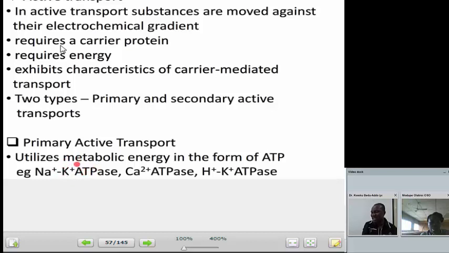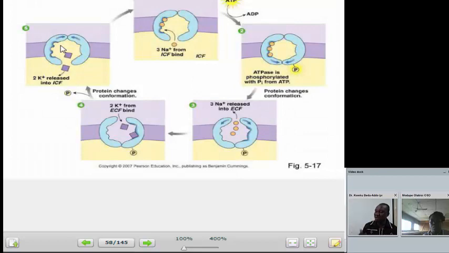These are enzymes, transmembrane proteins, and they are enzymes. We saw that one of the functions of the proteins in the lipid bilayer or the plasma membrane is enzymes. They are enzymes, right? So now I'm going to describe the sodium-potassium ATPase and how it works to you.